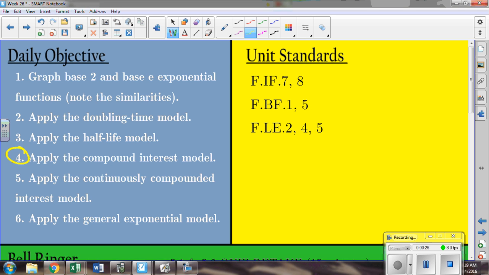Secondly, in order to do objectives 5 and 6, to work with the continuously compounded model and the general exponential model, we will have to have base E. And so we're going to look at a number of the logarithm rules and the exponential rules, specifically using base E. And then in a future video, we will actually look at objectives 5 and 6.